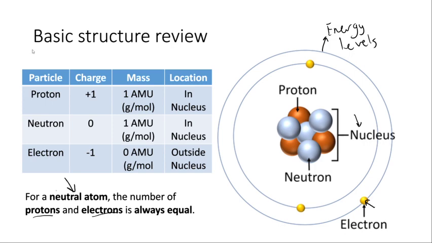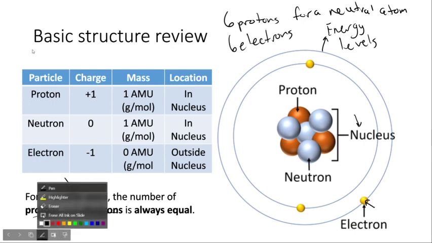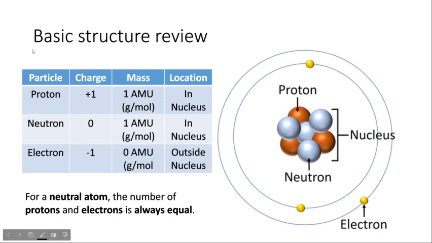So if you have 6 protons, then you will also have 6 electrons for a neutral atom. Neutral atom, so hopefully that makes sense. Neutral, the charge is going to be the same. So for a neutral atom, protons and electrons are the same.